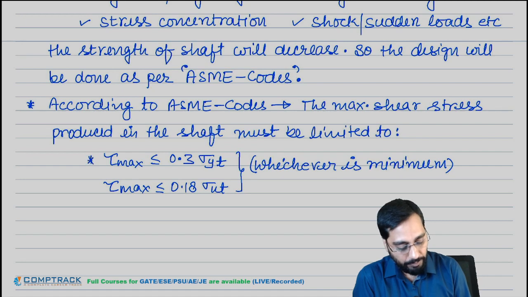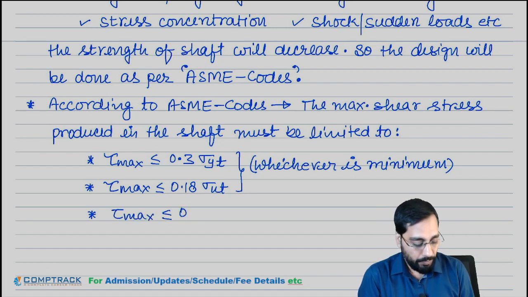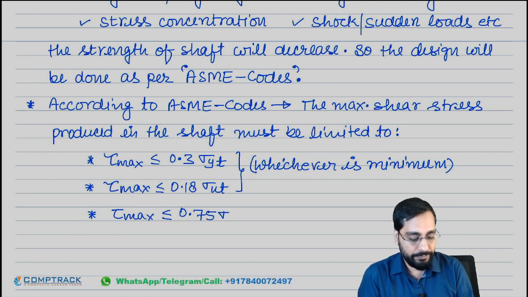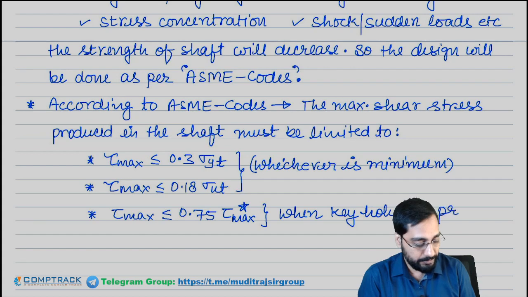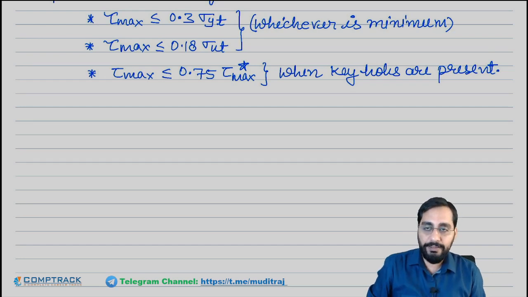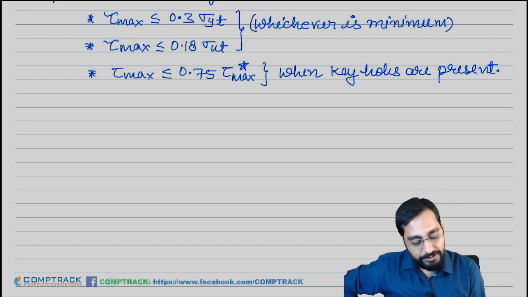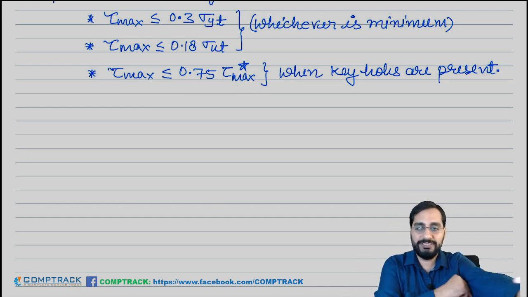Okay, so we will select the tau max like this, and also tau max must be less than 0.75 of tau max star when keyholes are present. So if keyholes are present, then the ASME code is saying the maximum allowable shear stress is only 75% of tau max star. Tau max star we know.